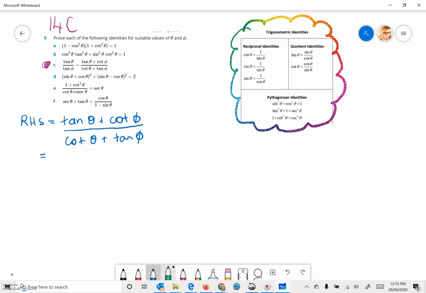So, our tan theta, I might even make that one a green one, tan theta. What is tan theta? Well, that's sine theta on cos theta plus cot. Cot is the other way around, so that means it's cos phi on sine phi.